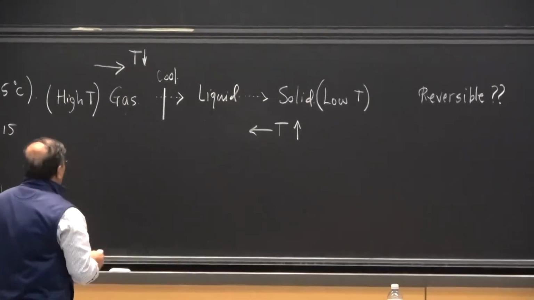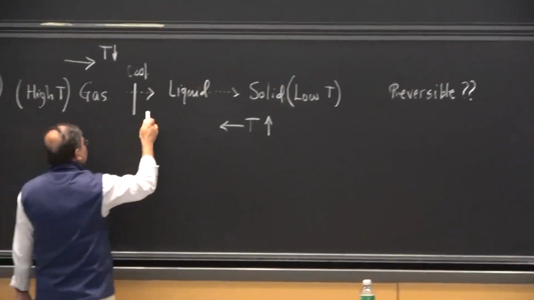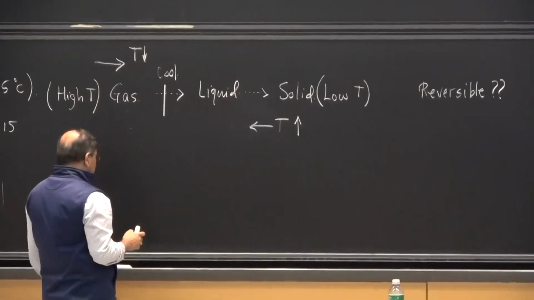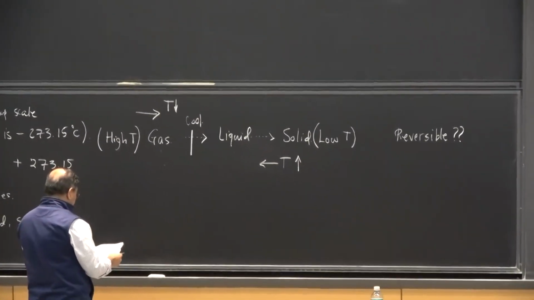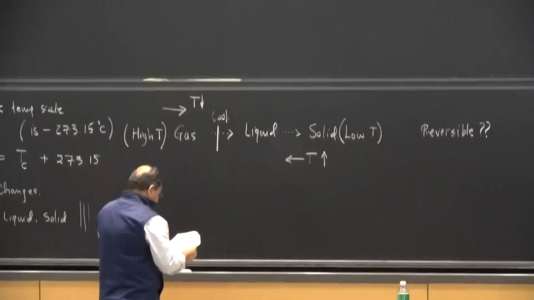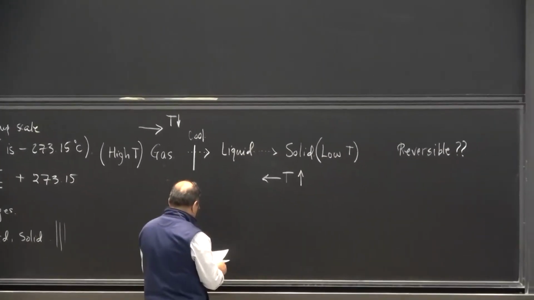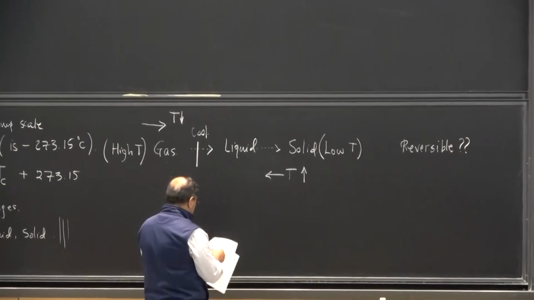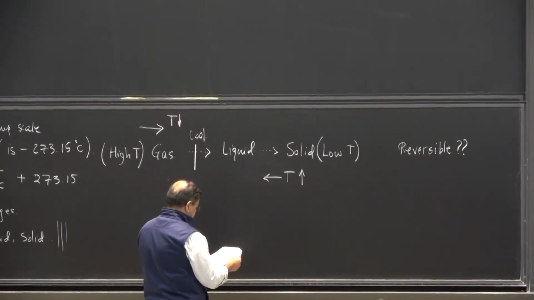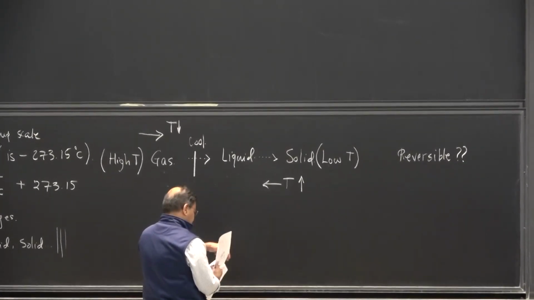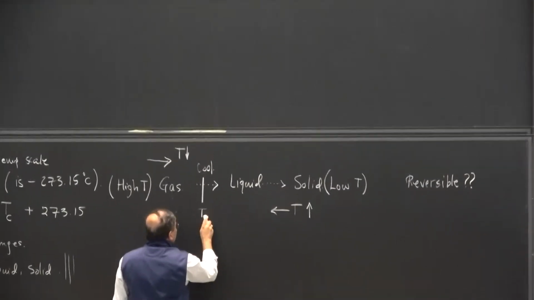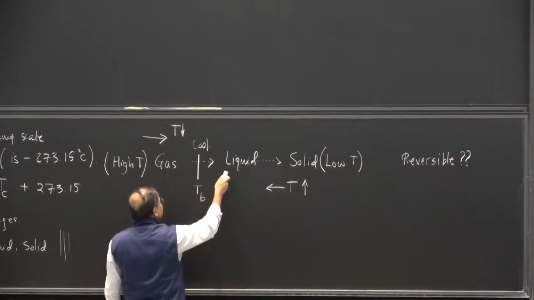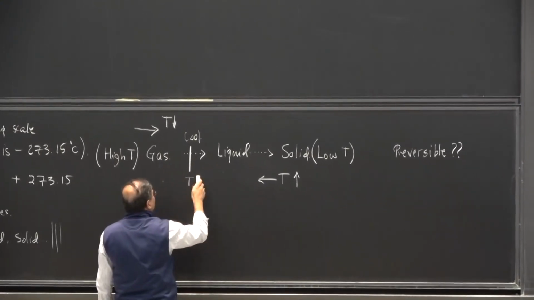So as you go from gas phase to the liquid phase, this temperature, therefore, turns out to be a unique temperature. And we can denote that temperature for simplicity as TB. This can be the boiling point of the liquid in this case.